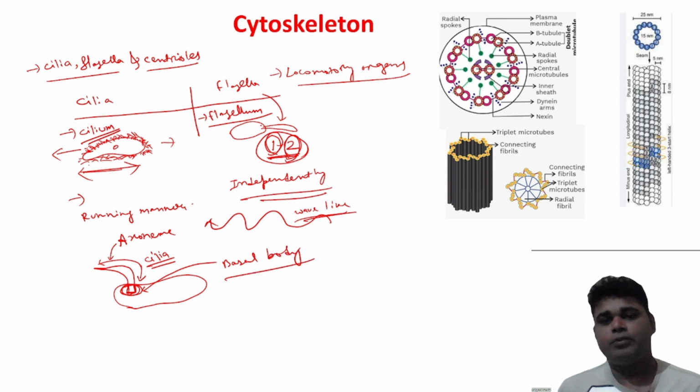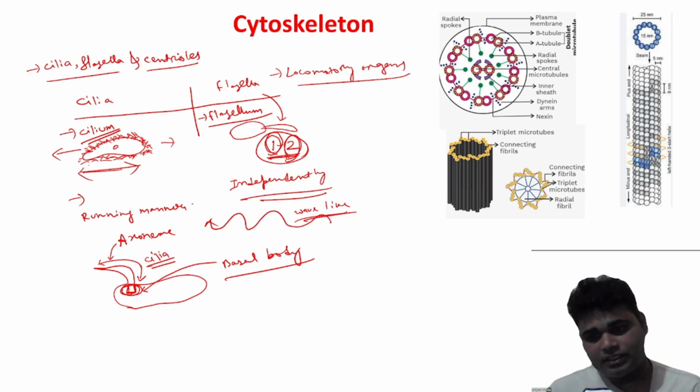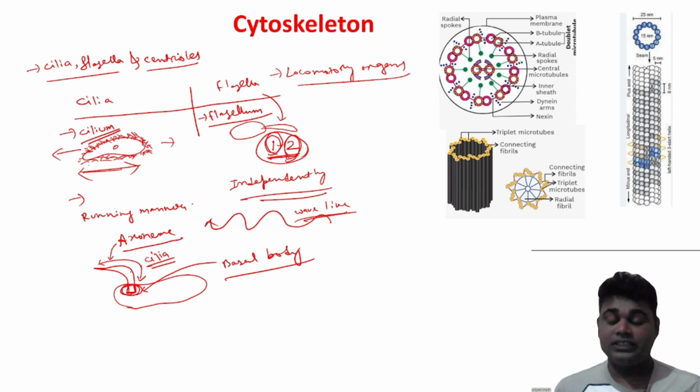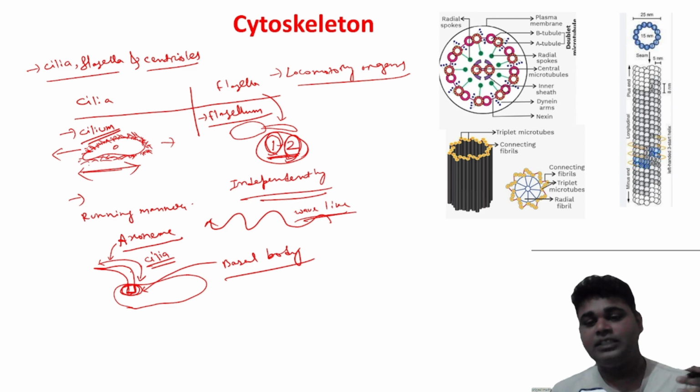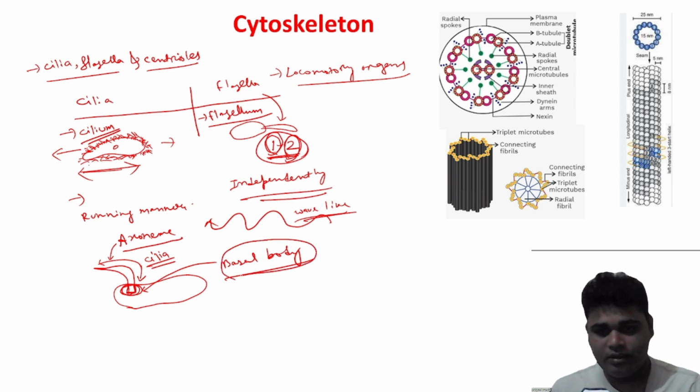Again, it is the same for the flagella. That means flagella also have the same structure. The outside flagella structure is called the axoneme, while the structure which is present inside the body or in the cytoplasm is called the basal body. So this is the main structural feature of the cilia and the flagella.